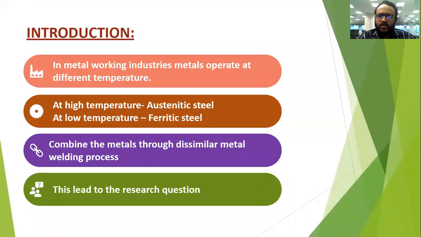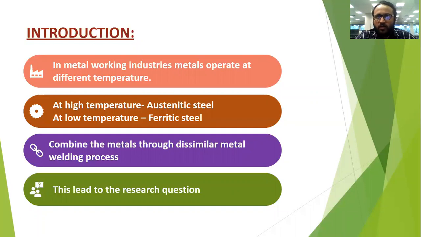So in many metalworking industries, different metals operate at different temperatures. The specimens we have are simply known as austenitic stainless steel and ferritic stainless steel. Austenitic stainless steel is very popular in high temperature applications, and ferritic stainless steel is usually for low temperature applications.